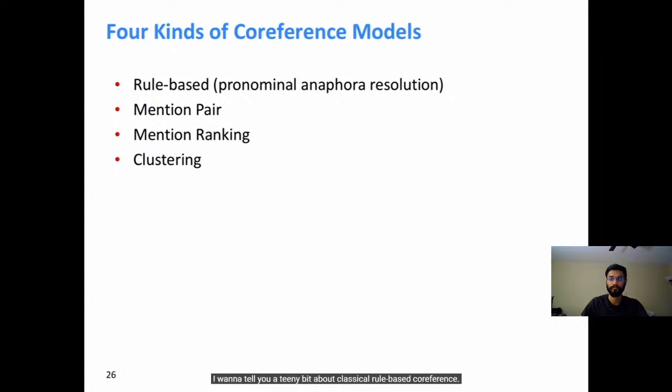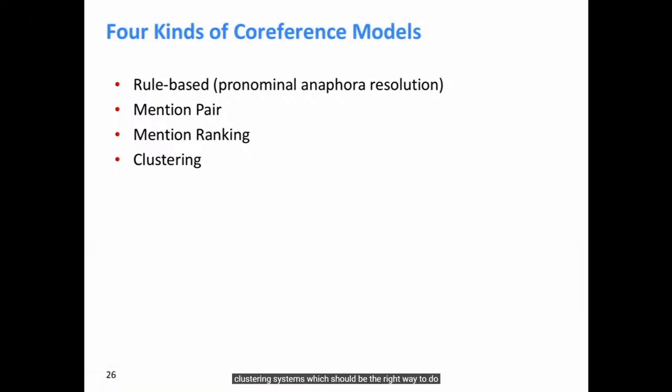I want to tell you a teeny bit about classical rule-based coreference, then mention pair coreference, spend the most time on mention ranking systems, which have tended to be the easiest simple systems, and then just say a little bit about clustering systems, which should be the right way to do it, but in practice has been a way that's been hard to get the best performance from.